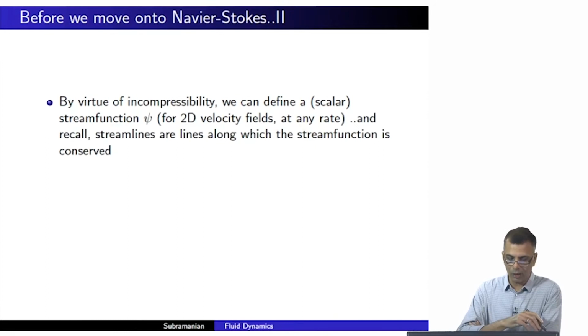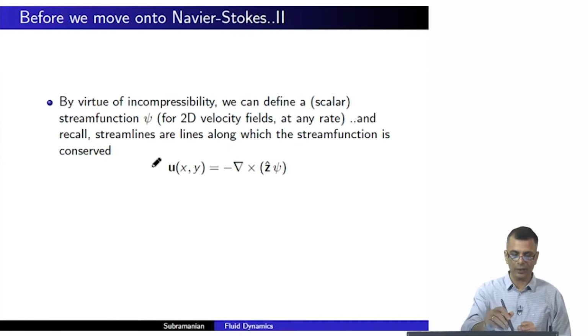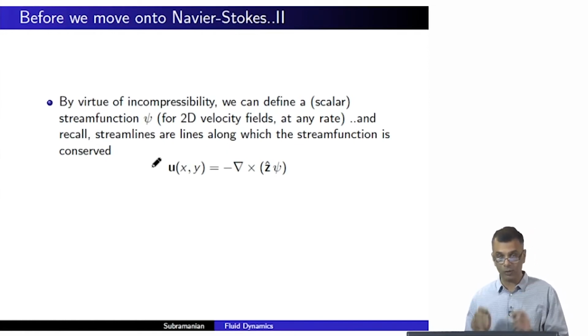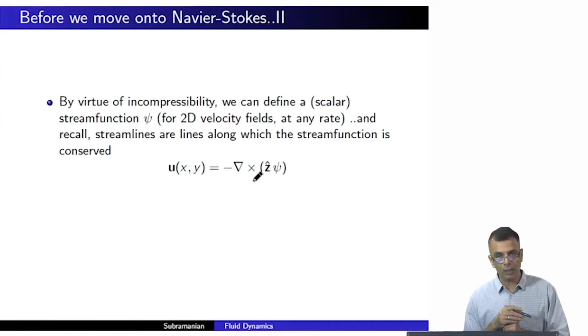By virtue of the fact that the divergence of u is always equal to 0, which is the assumption we're making, and since the divergence of a curl is equal to 0, you can write down the stream function like so. Since psi is two-dimensional, the direction is along the z hat direction, so you can write down this kind of equation for u.